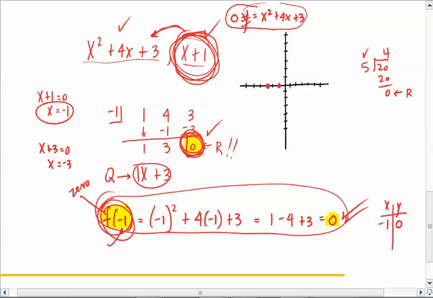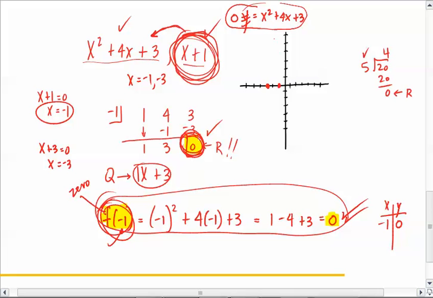So I have my two roots, two x-intercepts. Let me say it this way, the roots of the polynomial are the zeros of the function. So the roots of the polynomial, that means x is -1 and -3, those are the zeros of the function. They're the x-intercepts.